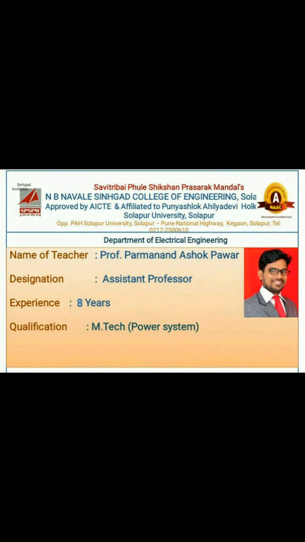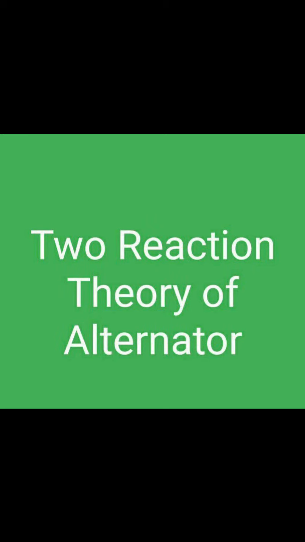Today we are dealing with the topic of a synchronous generator, and that topic is called the two reaction theory of an alternator. The name itself indicates its meaning. There is a reaction, that is two reaction theory of alternator, in which the direct axis component and the quadrature axis component of an alternator produce different types of effect.